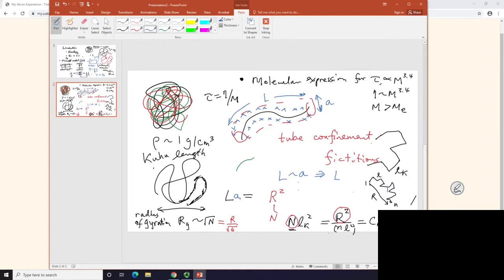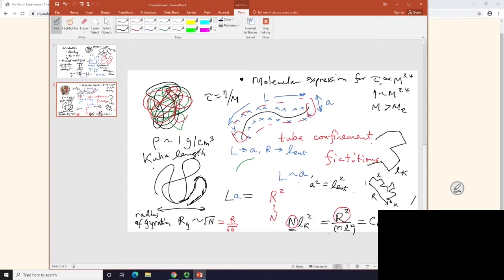And now you can already understand what I mean by when L approaches A. That is to say your R approaches a minimum length we call the entanglement length. In other words, as you reduce your molecular weight, you are going to reach a point where A squared is the end-to-end distance of minimum length.